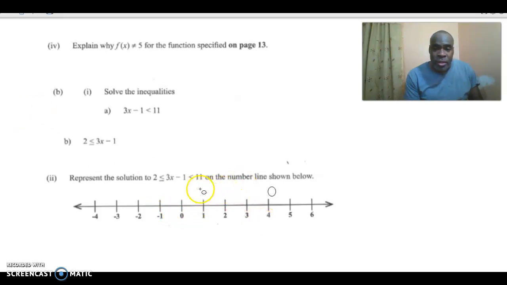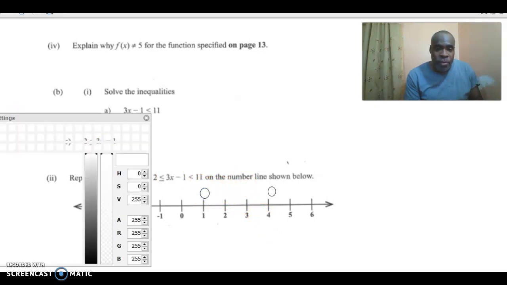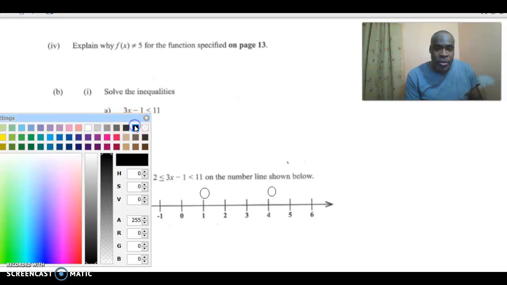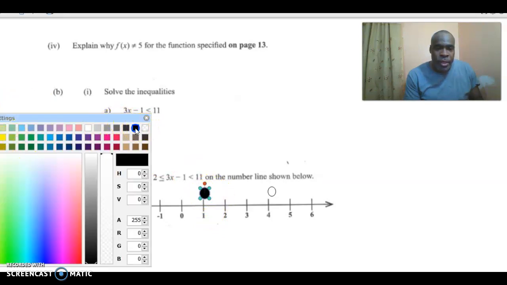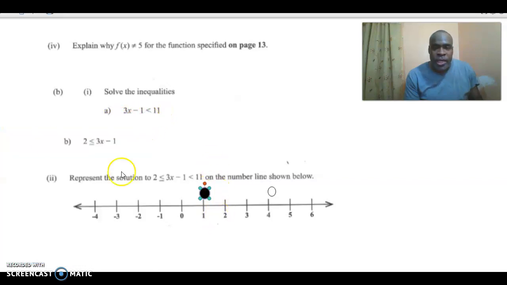So let's draw it. Let's change the color from white, so you can actually see, to black. Alright, let's ensure that the color is black, right? Okay. Right there. So you have to shade it. Then you draw your line. So the values are between these two.